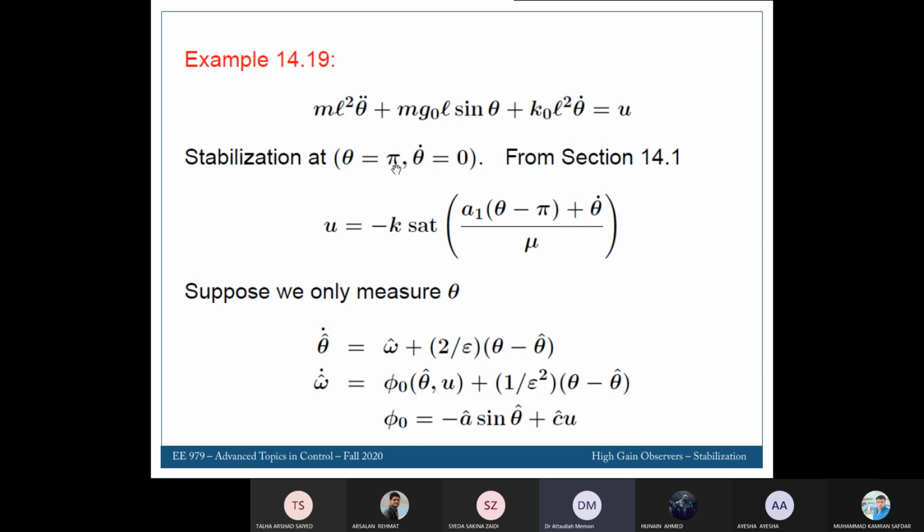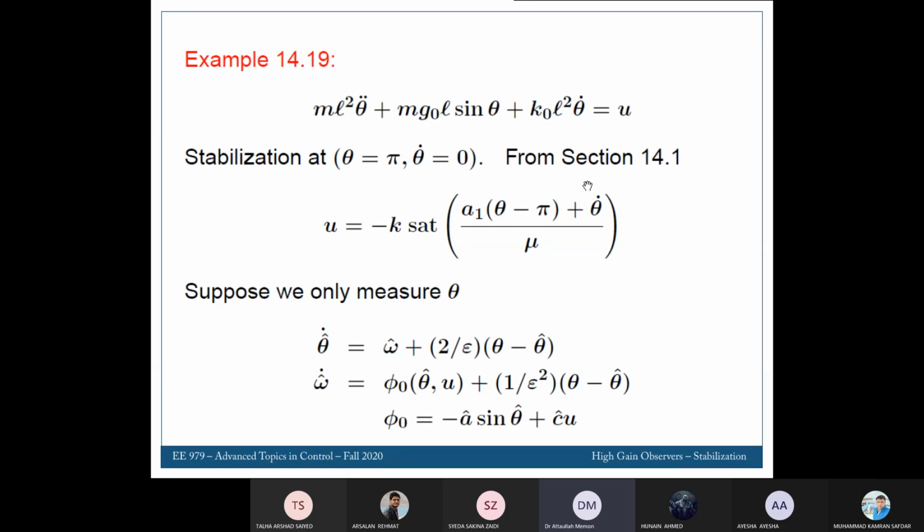Okay, and suppose we only measure theta. Theta is the variable x1 in our calculations. So we only measure theta and estimate theta dot and apply that in our controller.